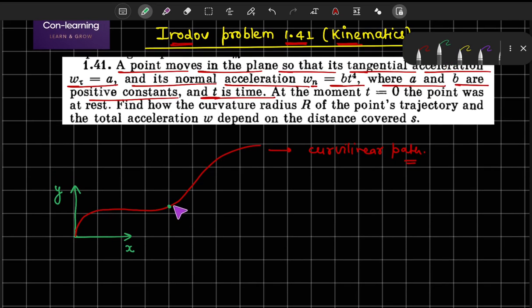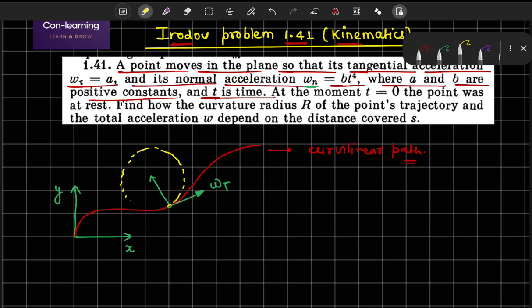At any particular time instant we have the tangential acceleration denoted by Wt and the normal acceleration towards the center of the curvature that is forming at this particular point.